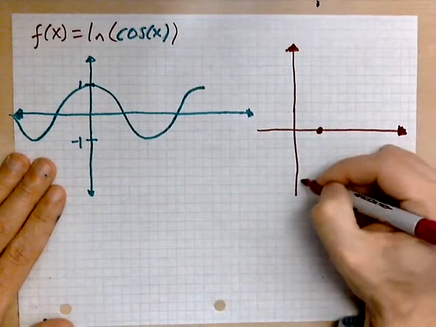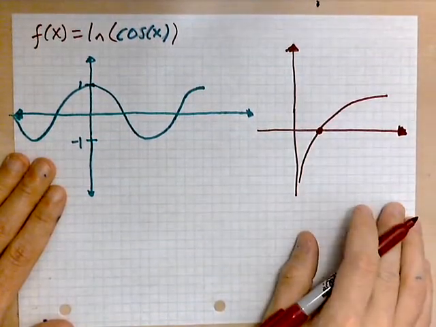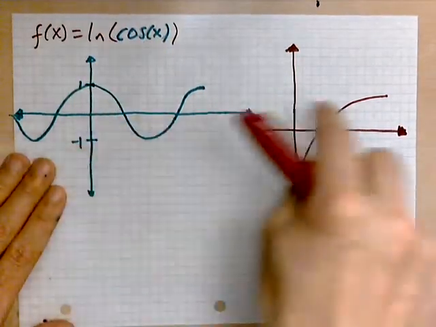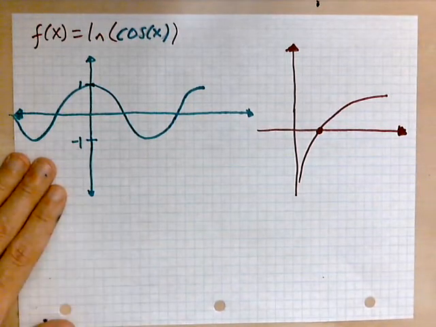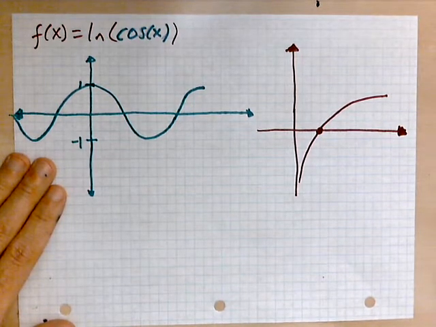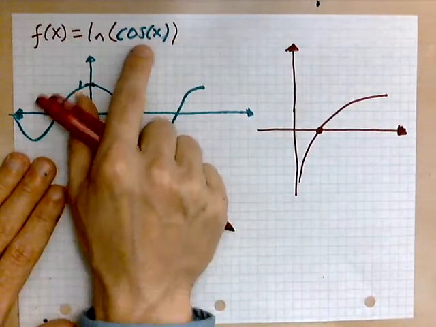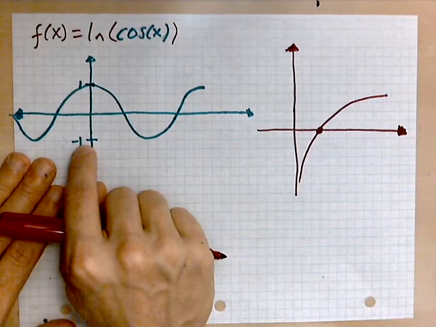Passes through 1 here and looks like this, okay? And now, because this is a composition of this going into that, remember, the only values that can be fed into the ln function are positive. Some of the outputs, for example, such as this one here from the cosine function, however, are negative.